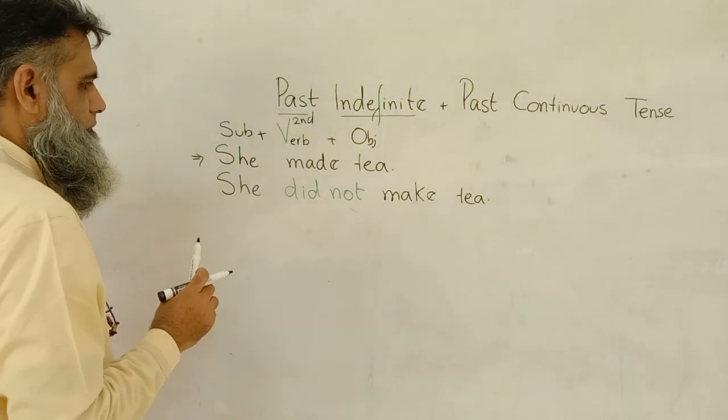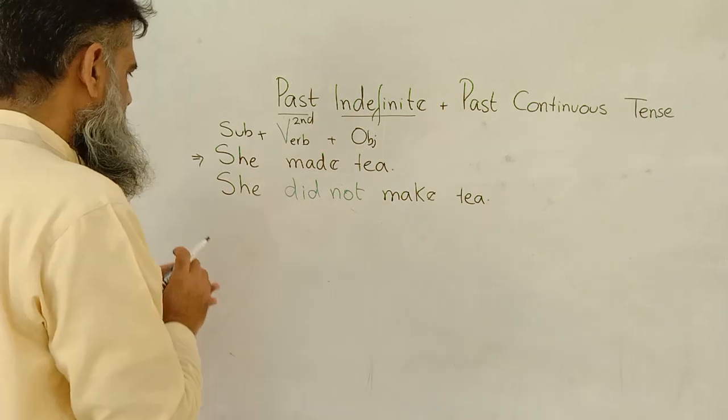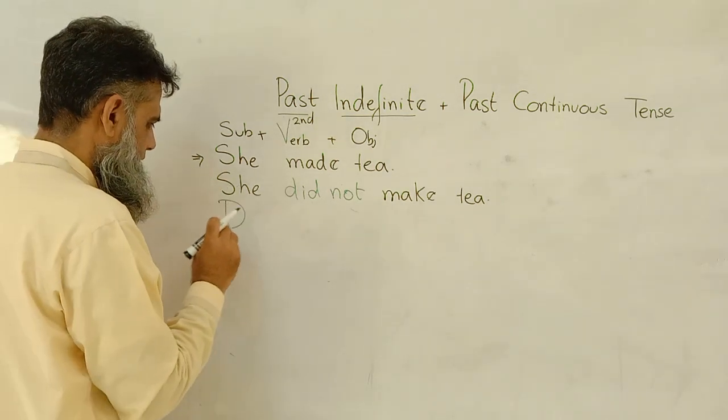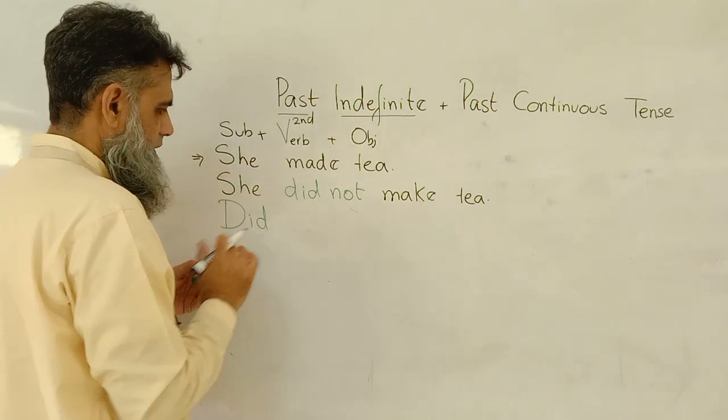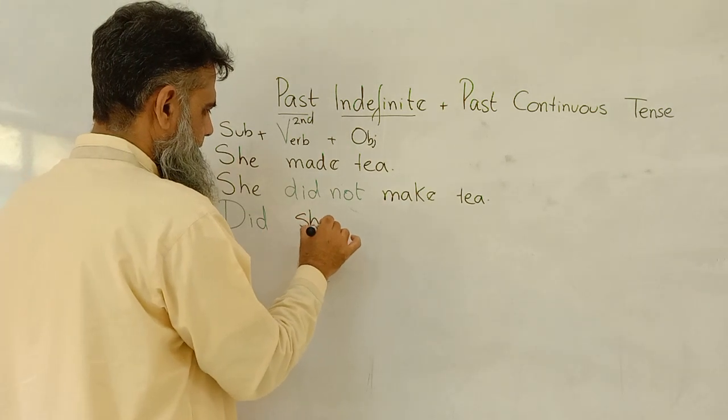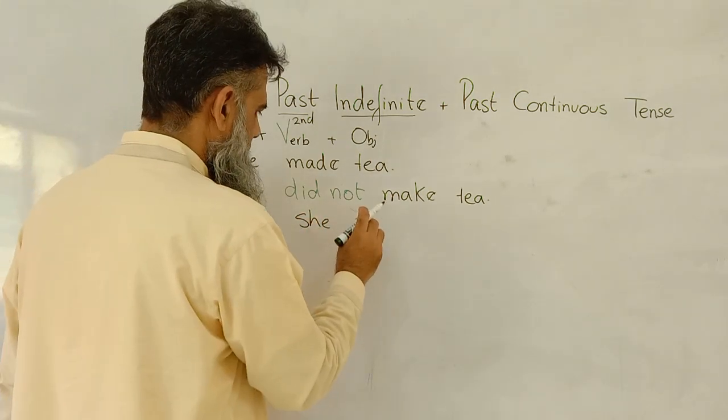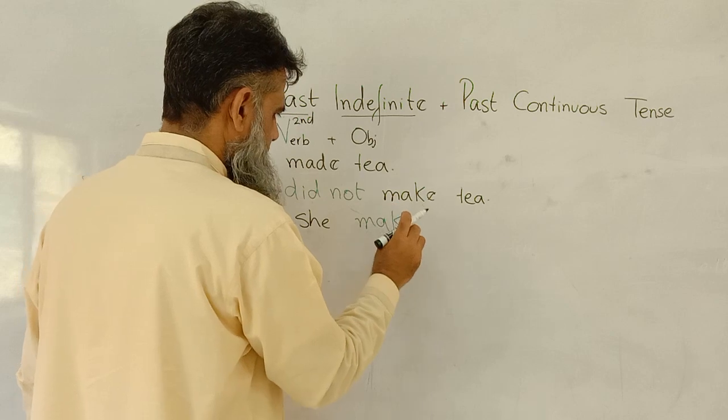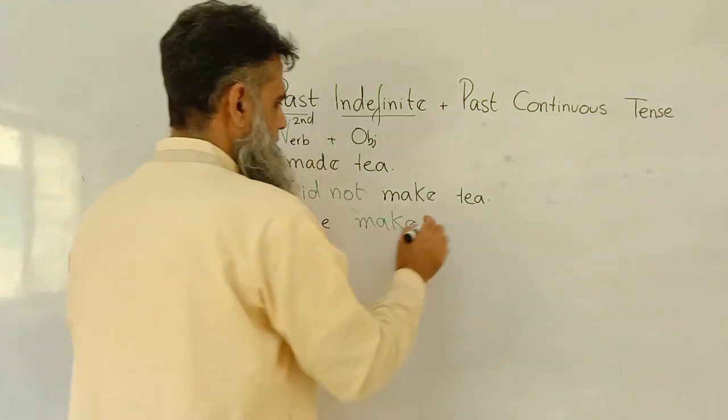Similarly, when we have interrogative form, we will use did in the beginning of the sentence, did, and then we have she make. Again the first form is there. Did she make tea?